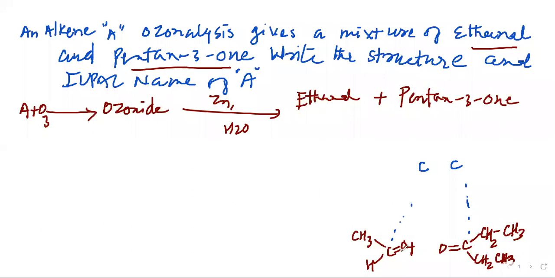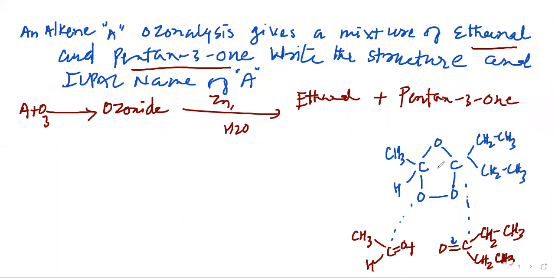Now you can see that this double bond O is because of this bond that we get in the ozonide. You can see the oxygen is bonded to it. And on this carbon, we have a CH3 group and H bonded to it. On the other carbon, we have CH2, CH3 and CH2, CH3 bonded to it. So this is the kind of ozonide that we are going to get.